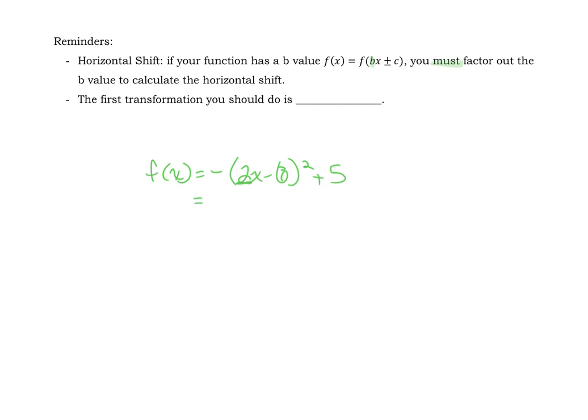You need to rewrite it as 2 times x minus 3 squared plus 5, because what changes is instead of going right 6, I go to the right 3. So you need to pull that out before you do all your other transformations. Keep that in mind. And always remember the first transformation you do is going to be reflections.